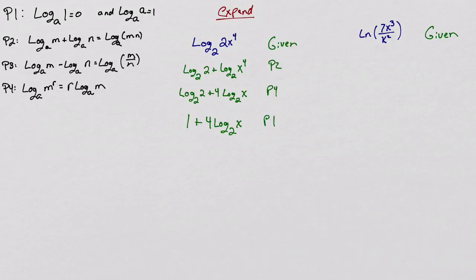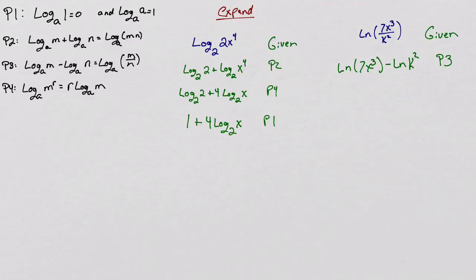So the first thing I'm going to do on this one is get rid of this fraction. I don't like it. And if we look over here at our properties, you'll see that that is actually property 3, the quotient property. So I can rewrite this as ln of 7x cubed minus ln of k squared. Now keep in mind, we've got to keep the logs the same base. And this is, of course, my third property, P3.